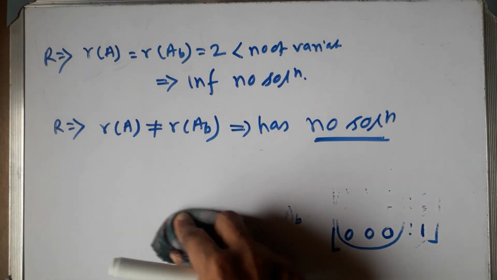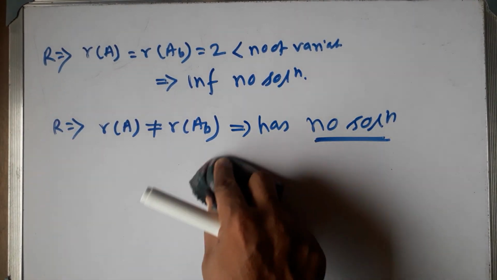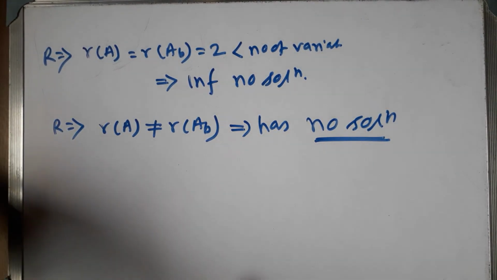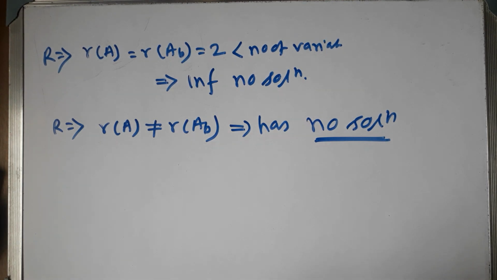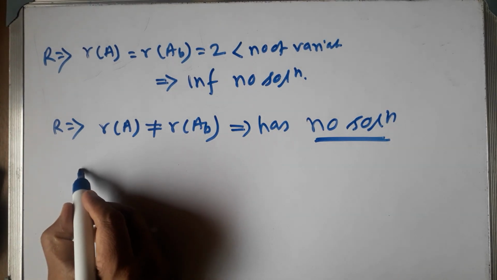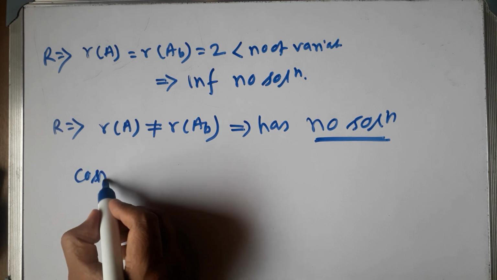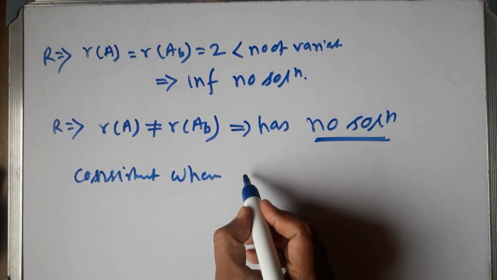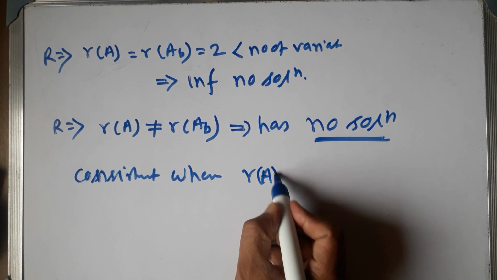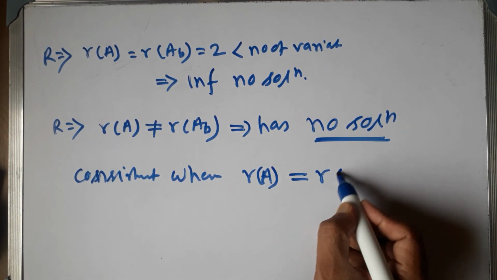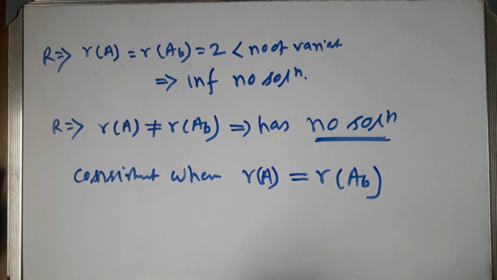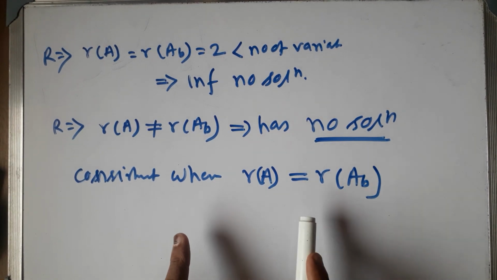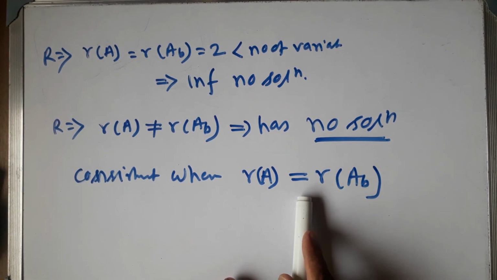Consistent means solvable. So the system is consistent when rank of A is equal to rank of AB. This is the condition that a system is solvable.